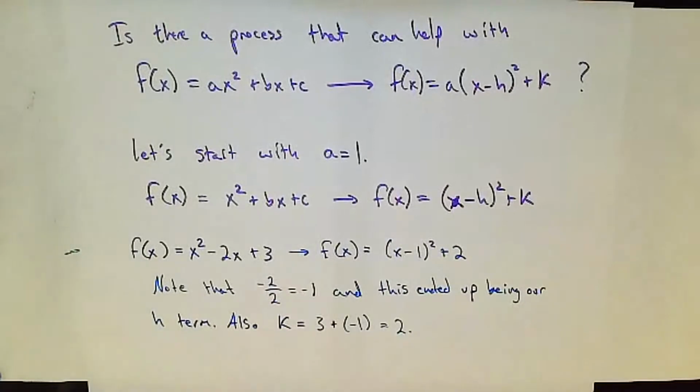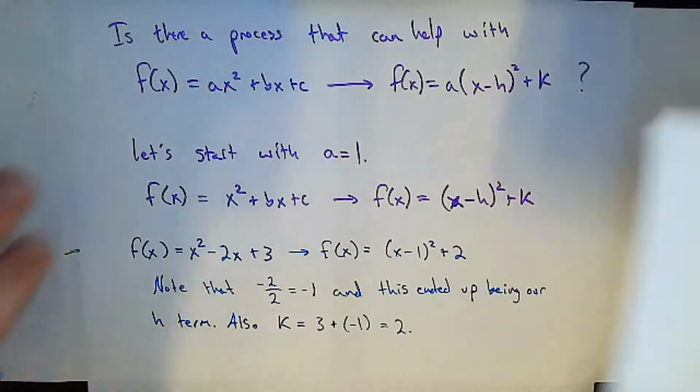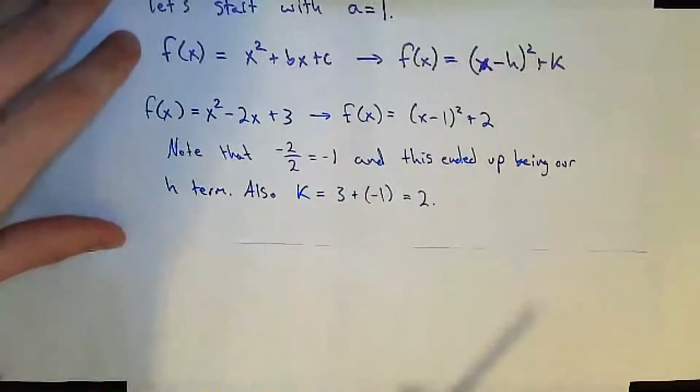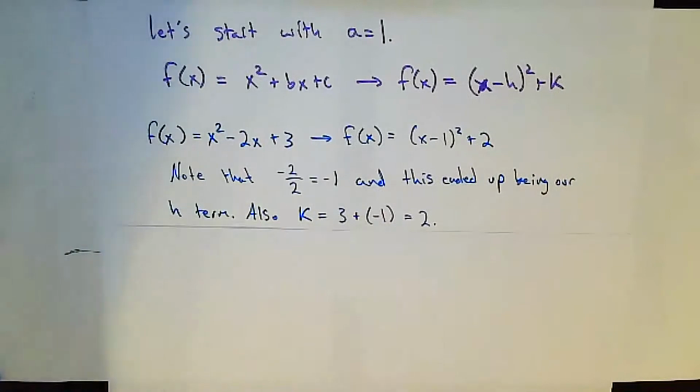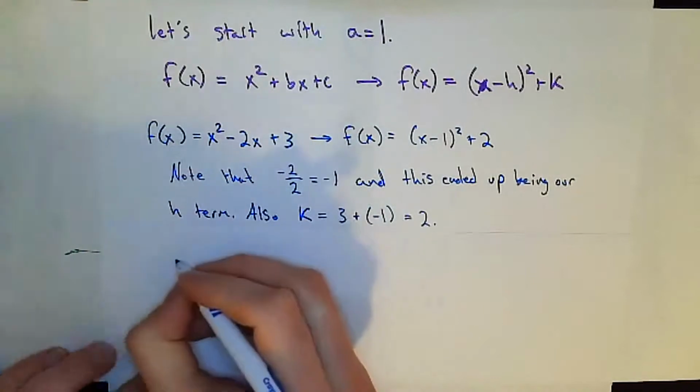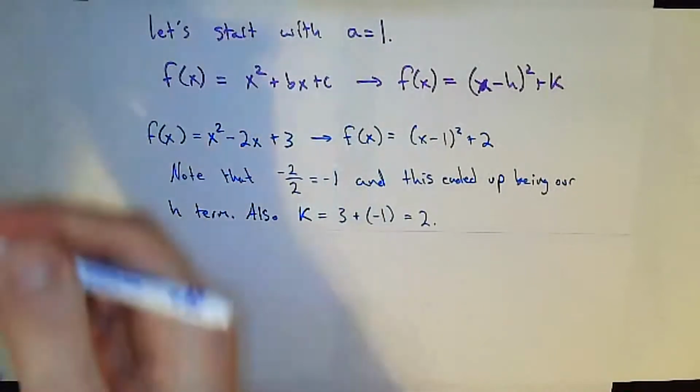Okay, so what am I trying to say here? Let's look at the other example, which was x squared plus 4x minus 1. I'll do it in a different color.